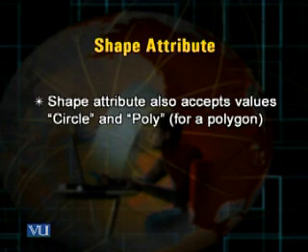Wherever I want a circular region to become clickable, I would use the shape value circle. Similarly, where I want some polygon, some triangle, pentagon, hexagon, etc. to become clickable, the value of the shape attribute would be poly. And I would give the coordinates for each particular shape.